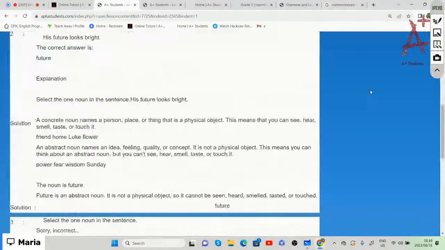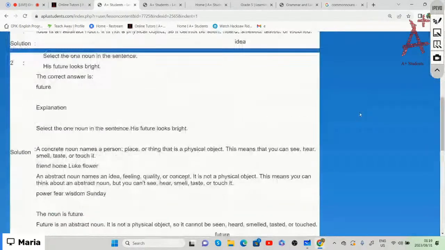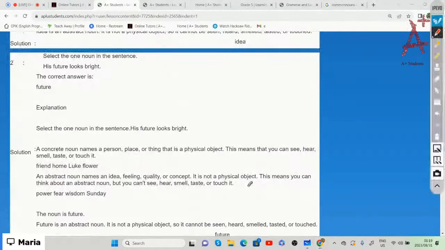His future looks bright. We need to select one noun in the sentence. His future looks bright, right? So the noun within the sentence is future. So future is something that is in a couple of years' time, right?